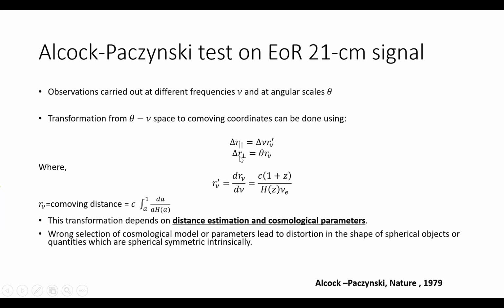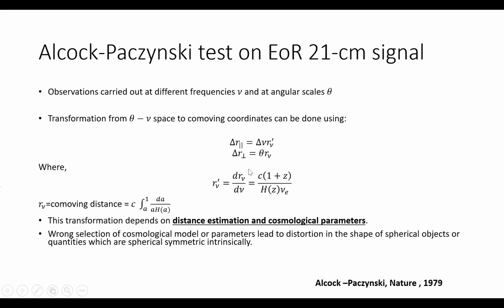Its size in the perpendicular direction, delta r perpendicular, can be calculated as theta times r nu. Theta is the angular size of that object, and if you know the co-moving distance of that object, that gives you delta r, the co-moving size in the plane of the sky, right?